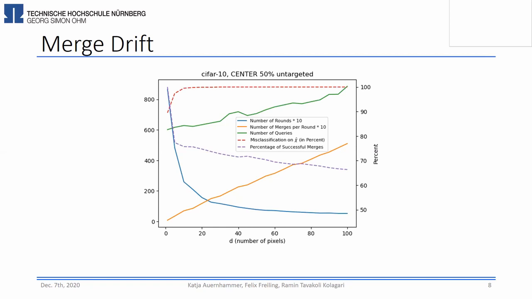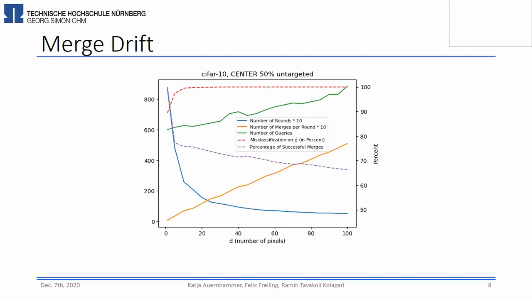Interestingly, the misclassification rate, which is the red dashed line, seems to mirror this behavior slightly. It starts low at around 90% and then increases sharply before it flattens and stays at 100%. We decided that the best D is the D that has the highest possible percentage of successful merges, but still results in a misclassification rate of 100%.